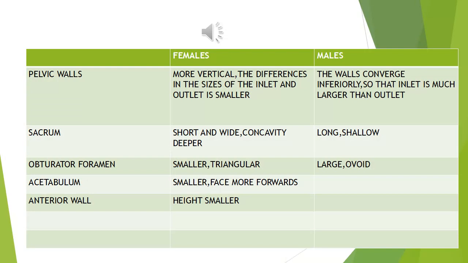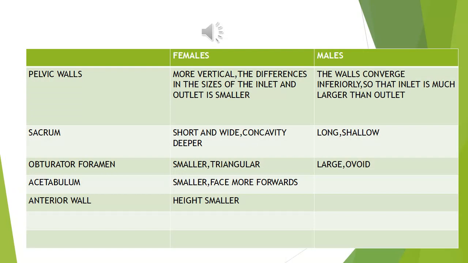Coming to the acetabulum, it is smaller in the case of female. That means the transverse diameter of the acetabulum is less than the distance between its anterior margin and the pubic symphysis.